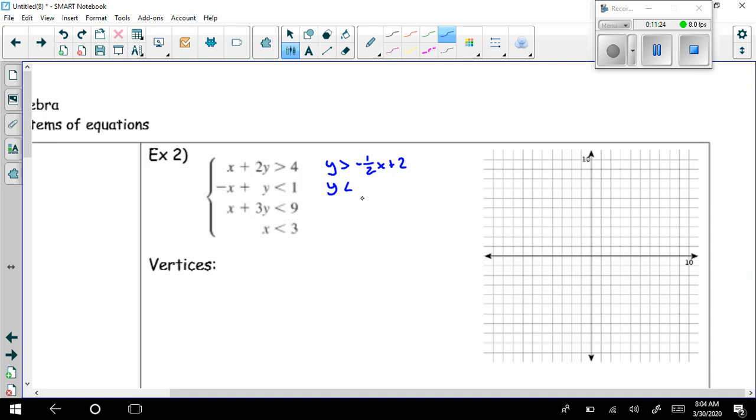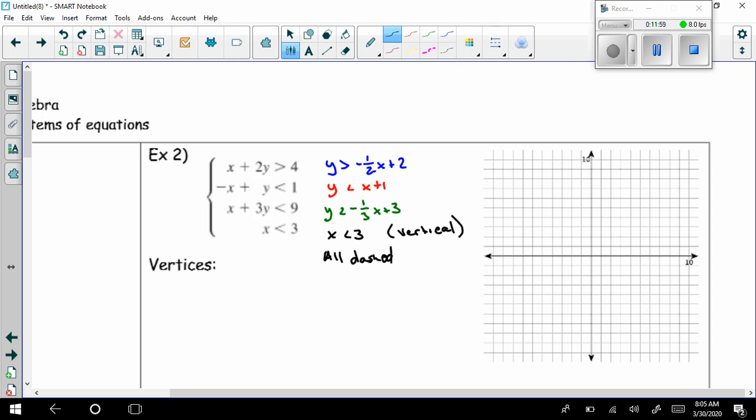This would be y is less than x plus 1. This one would be y is less than negative 1/3 x plus 3. And then this one would stay the same as x is less than 3, remembering that this is a vertical line. These are all dashed.